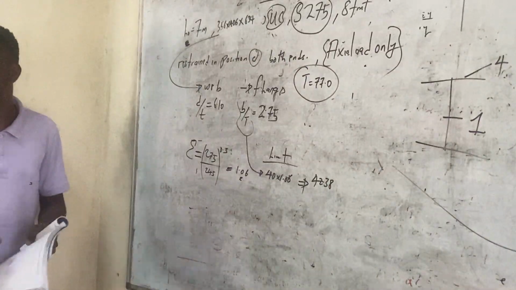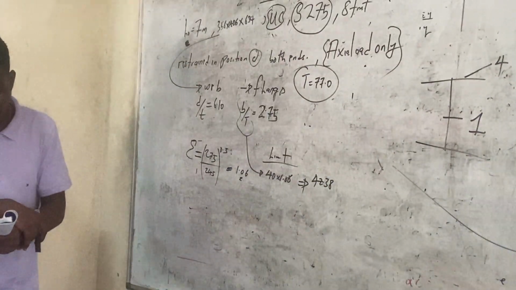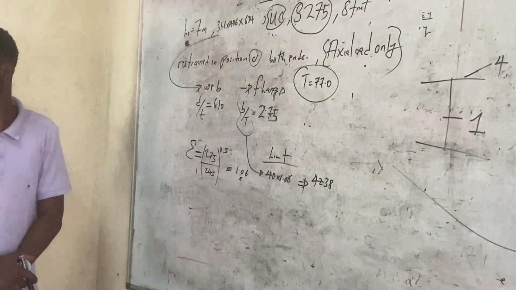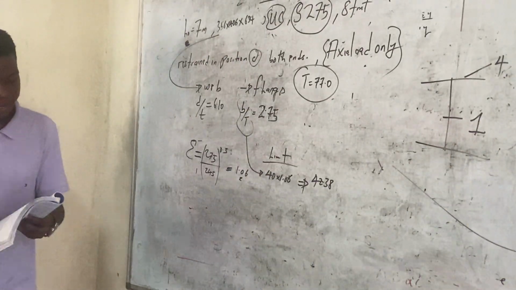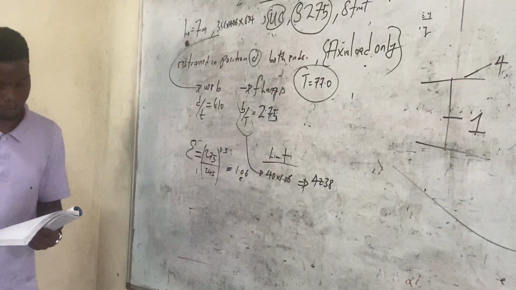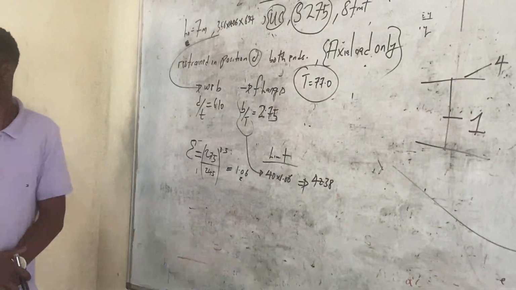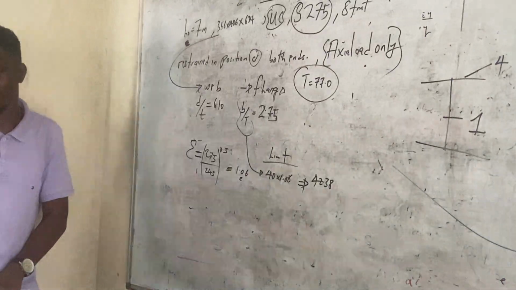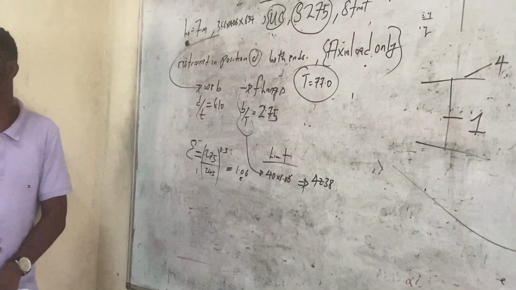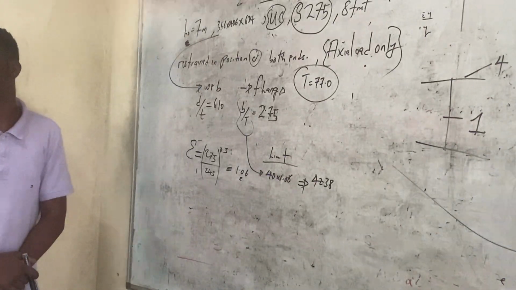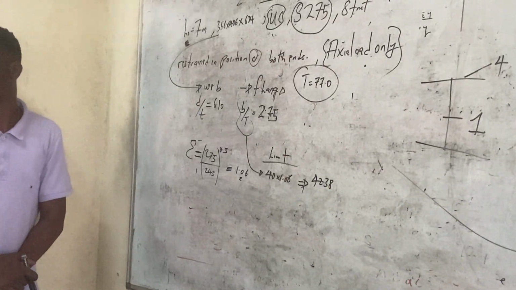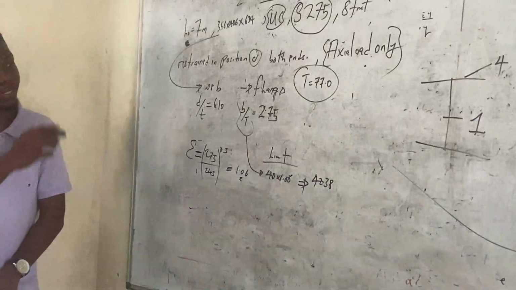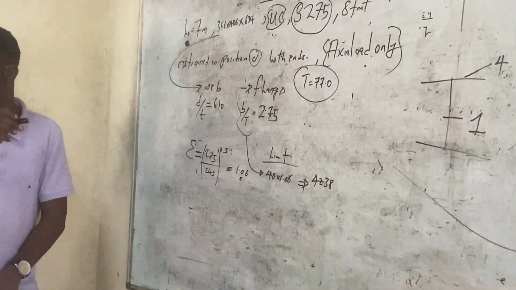r2 is Fc over Ag times pyw. Now, when Fc is compression, that is when we are having positive Fc. For instance, let's say your Fc is 20 and it is in compression. It means that Fc will be positive.